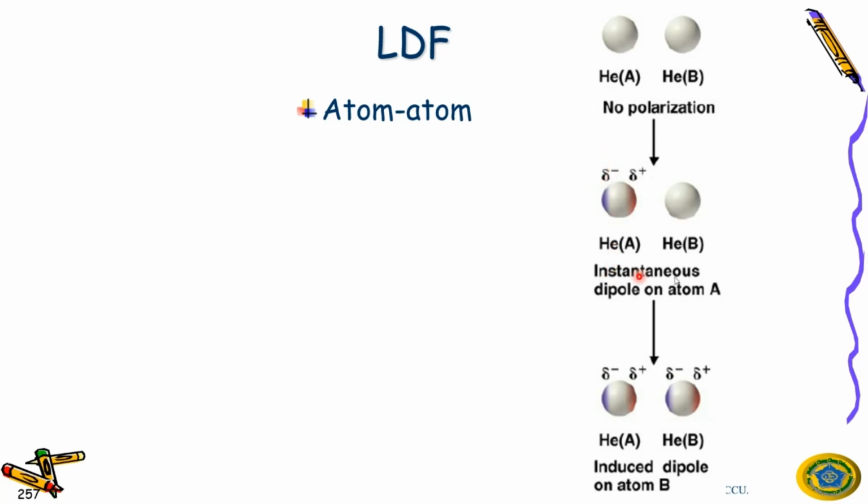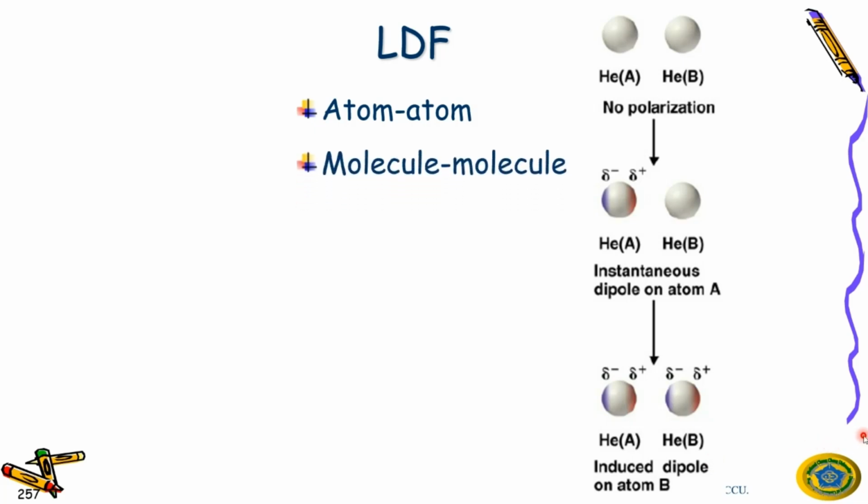This is called an instantaneous dipole on atom A. Once you have an instantaneous dipole on atom A, if atom B is close enough to atom A, an induced dipole will be on atom B too. This is called atom to atom London dispersion force.